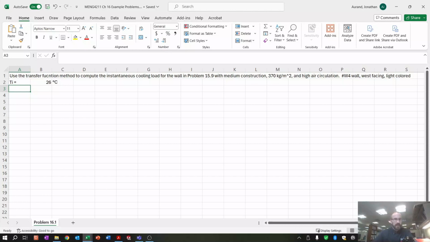So if we look back at our transfer function method, we have equation 16.2, and this has the nu naught, nu 1, and omega 1, and it has an IHG multiplied by ICL from a previous time period.